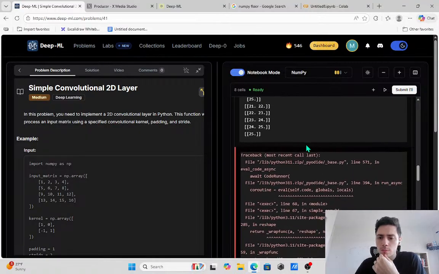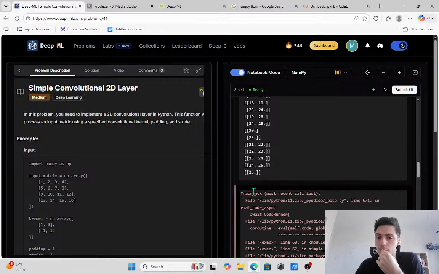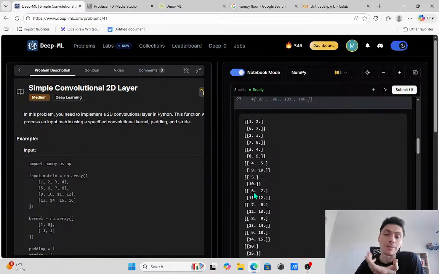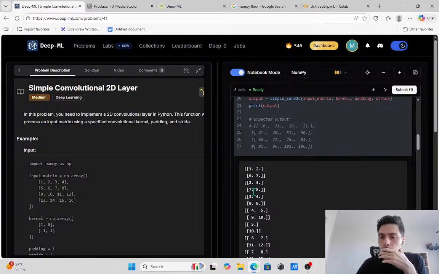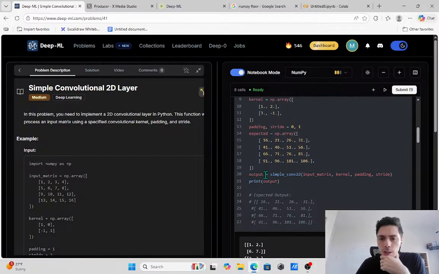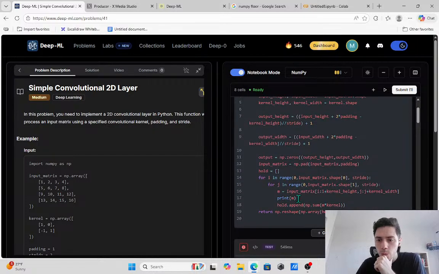Okay. So I was just not reshaping the right size, 25. That makes sense. We should have 16, not 25. So I guess the issue we're running into, let's print our current hold value.